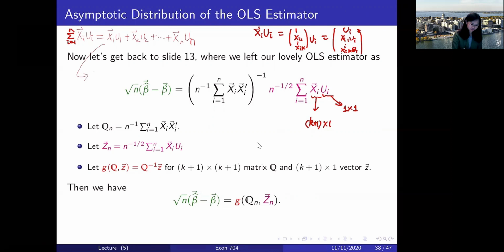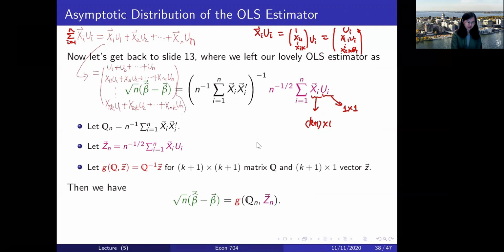And that equals the vector that's composed of u1 plus u2 plus through un, and x11 u1 plus x21 u2 plus through xn1 un, down to x1k u1 plus x2k u2 plus through xnk un.